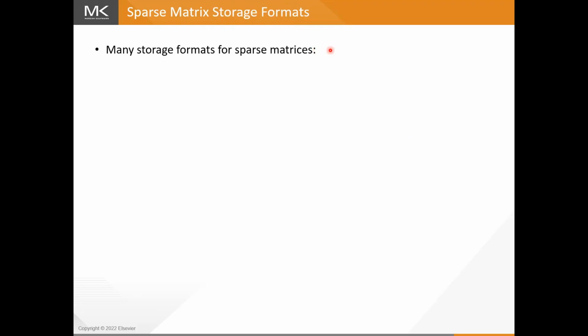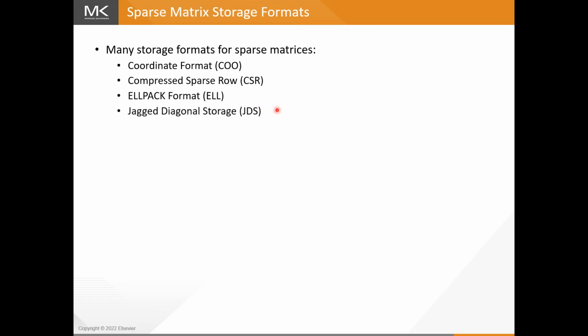Okay? So the formats we're going to look at are: one, the coordinate format, which we abbreviate as COO; the compressed sparse row format, which we abbreviate as CSR; the ELLPACK format, which we abbreviate as ELL; and the jagged diagonal storage format, which we abbreviate as JDS. There are other formats, but for this course, we're going to focus on these formats.